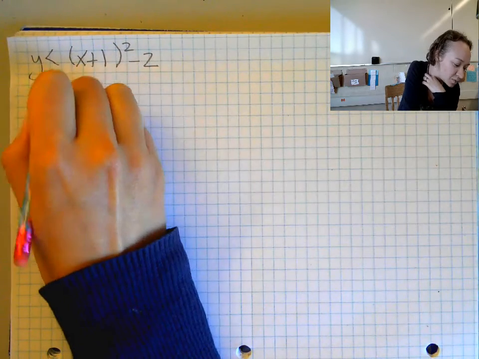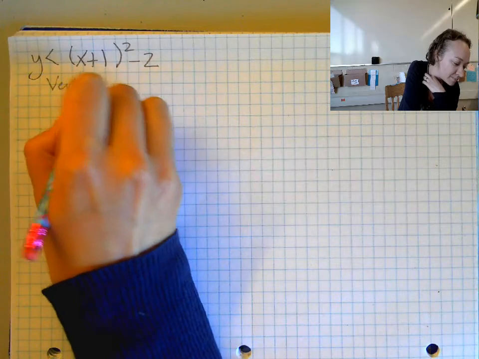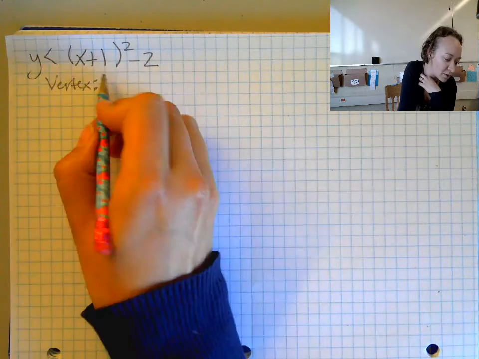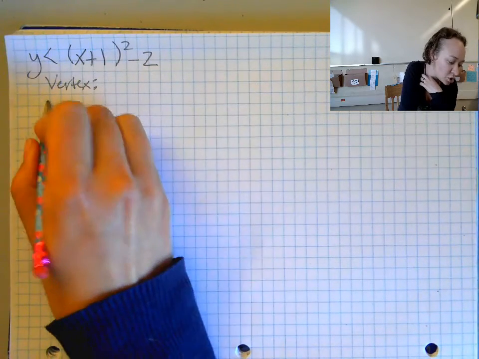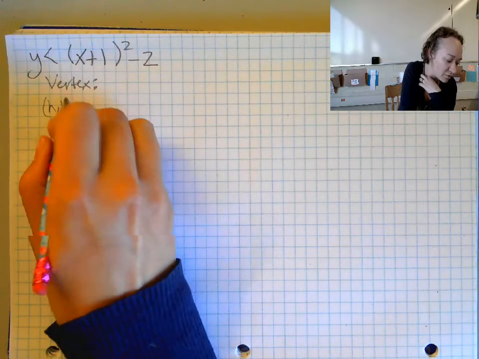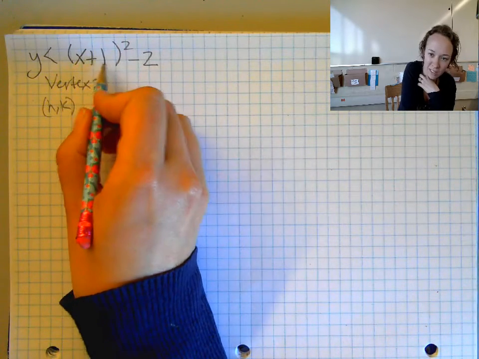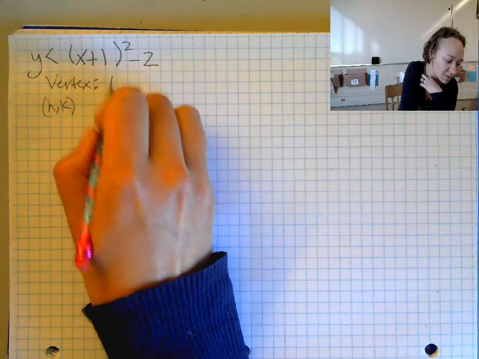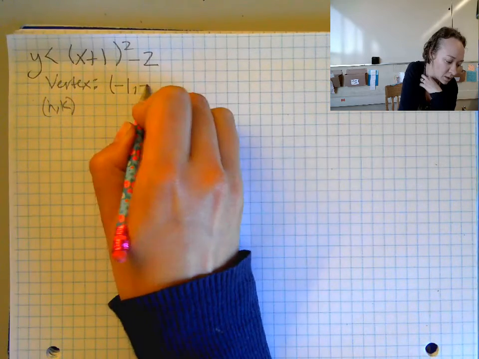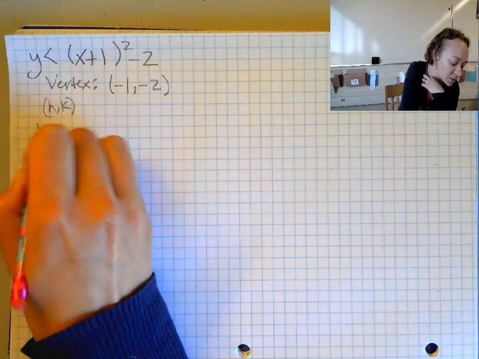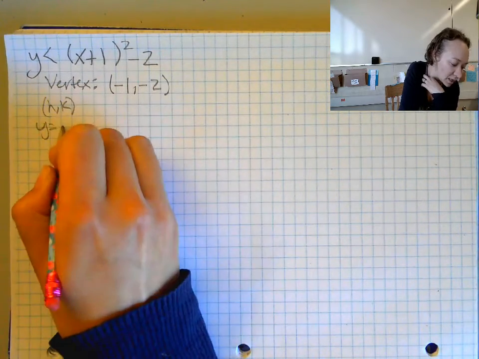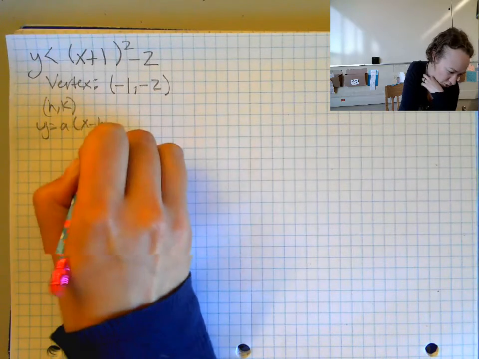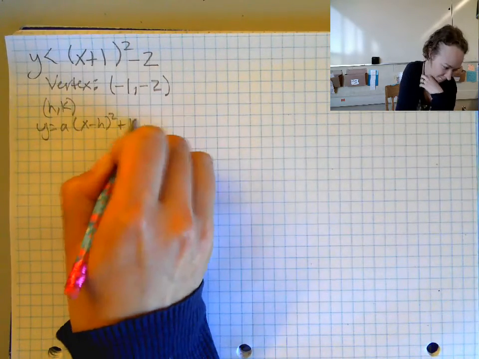So first thing we're going to do is find the vertex. I remember that the vertex is (h, k), and the format is x minus h. So that means it must be the opposite of the plus 1. So the vertex must be at (-1, -2), because it's y equals a times (x minus h) squared plus k.